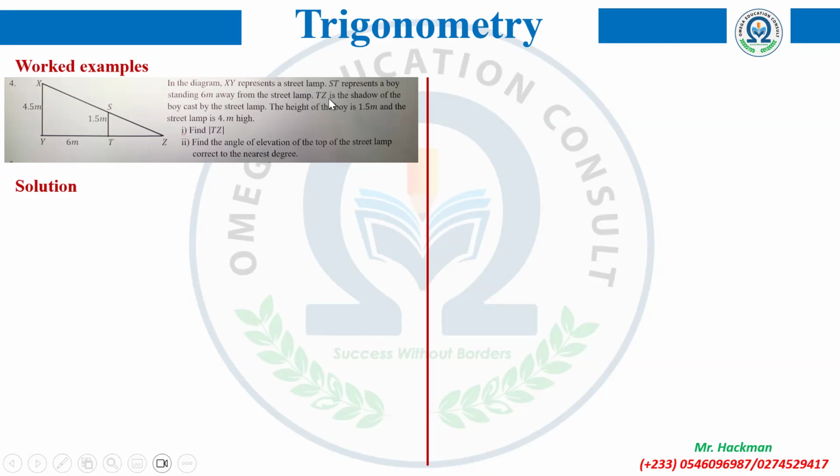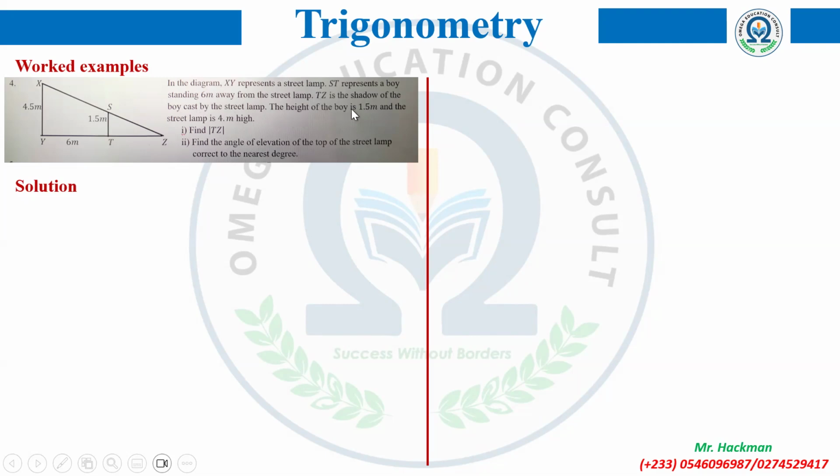TZ is the shadow of the boy cast by the street lamp. Because there is a light source here, if the boy is here, there is going to be a shadow cast by the boy. The shadow will start from the foot of the boy, where the boy is standing, up to this point. And that's what we have labeled TZ.